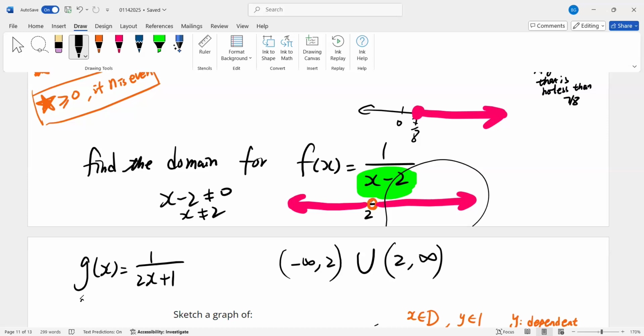For this function g, what's the domain? 2x plus 1 is the denominator. For the domain, you need to give me an interval in interval notation.